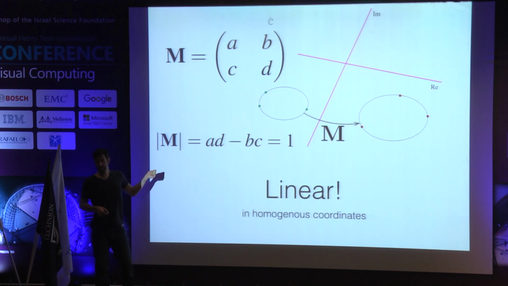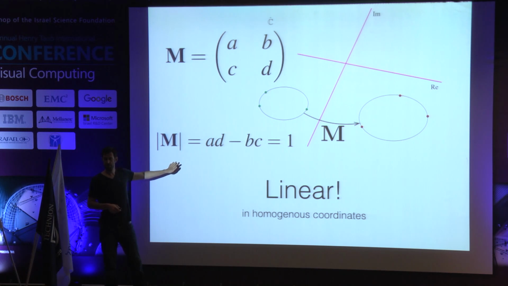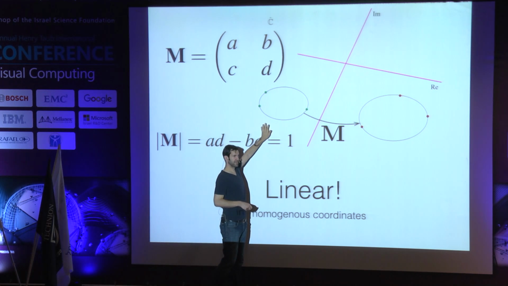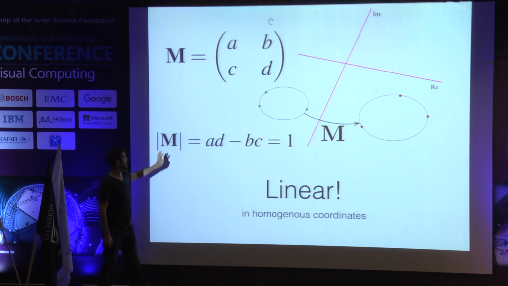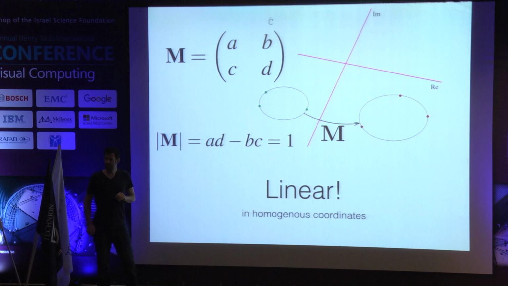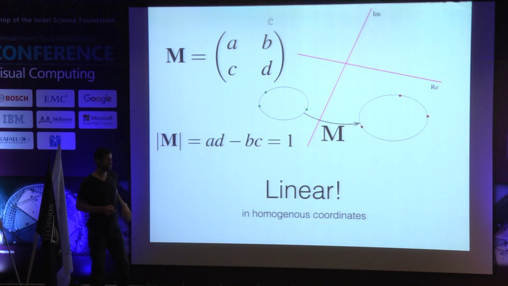Because I have the freedom to scale this matrix, I say it should have unit determinant. That's true for any 3 distinct points mapping to any 3 points, and I can describe this mapping by a complex 2 by 2 matrix with unit determinant. And that's not unique. I still have M and minus M, but that's a detail.